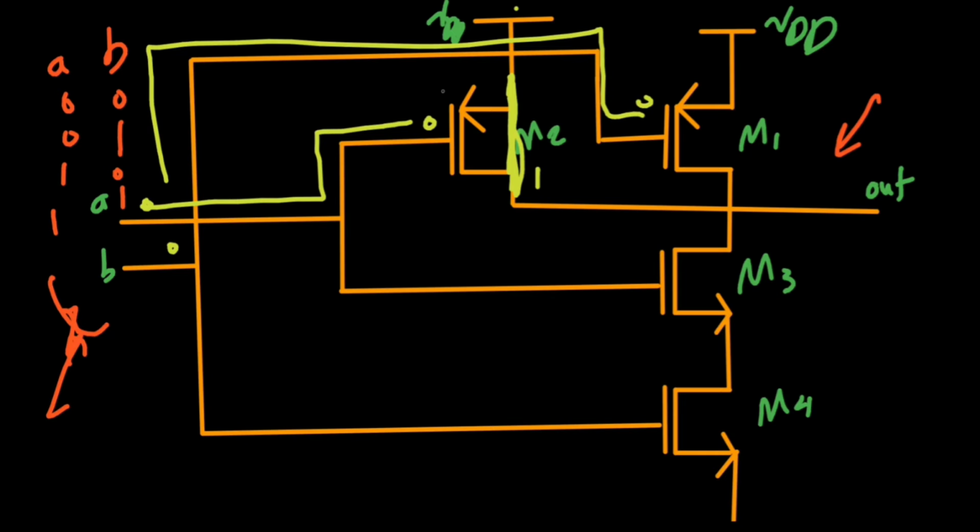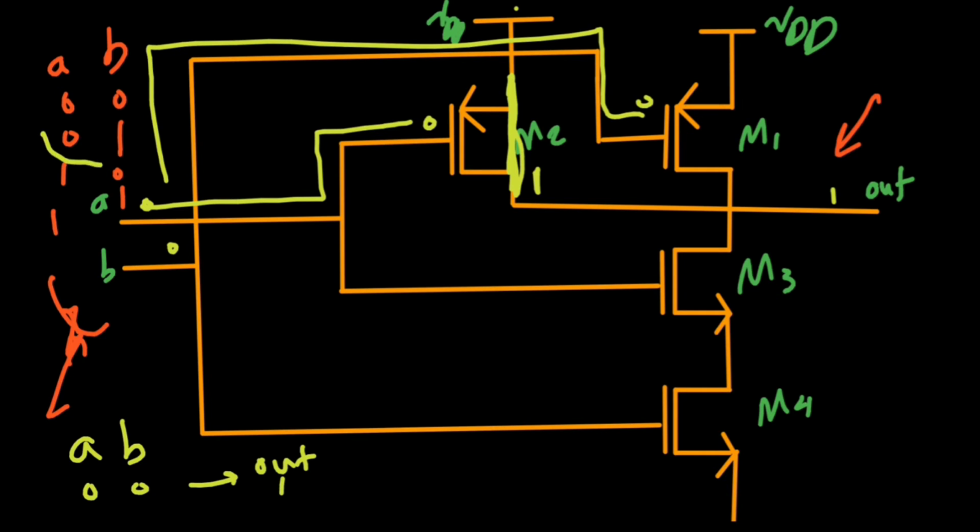So if we applied 0 to the gates of these PMOSes, the PMOS would be on, acting as a short circuit. So we have VDD, or 1, on this wire, on the out. And actually, we don't need to check any other value, because only this PMOS, the M2 PMOS, is causing the VDD to go to the output, or 1 on the output. So we say if A and B are 0, 0, then the output is equal to 1.